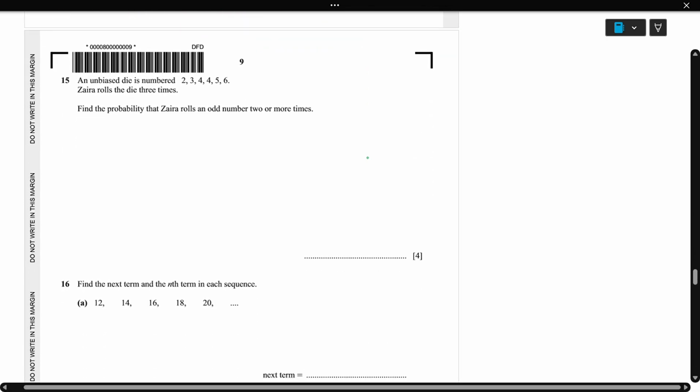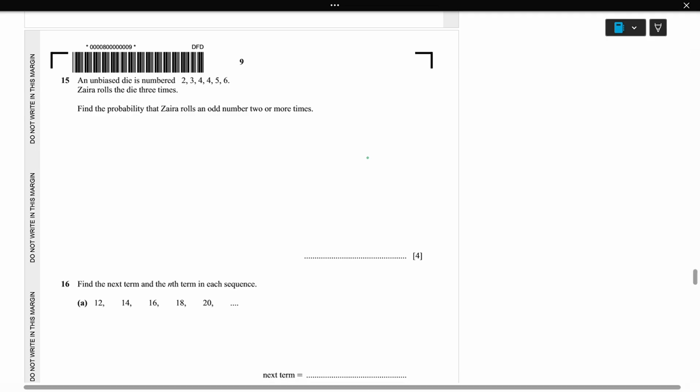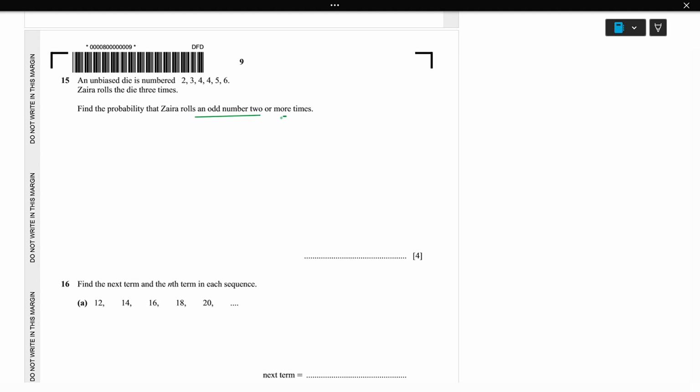Next one, question 15. An unbiased die is numbered 2, 3, 4, 4, 5, 6. Zaira rolls the die 3 times. Find the probability that Zaira rolls an odd number 2 times or more. So at least 2 odds must be there.